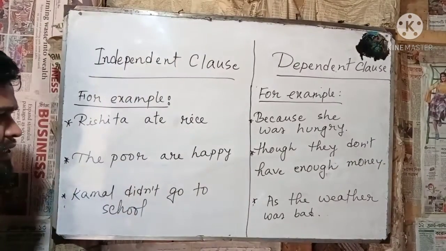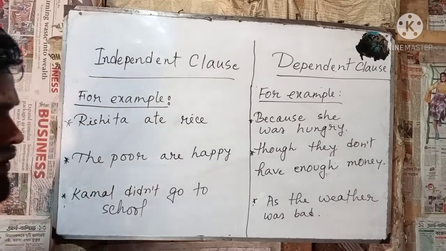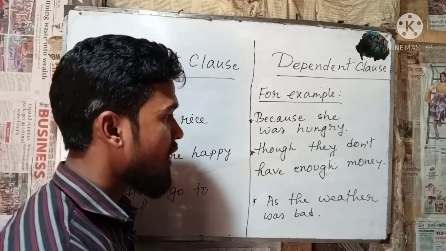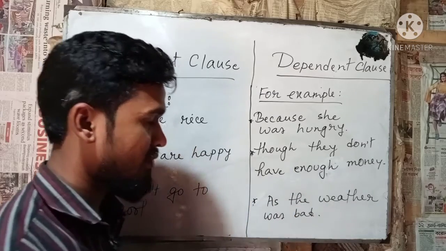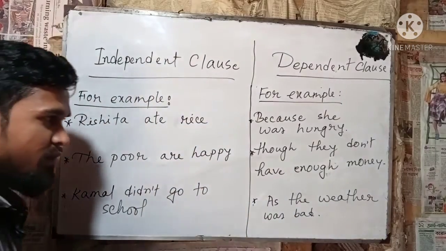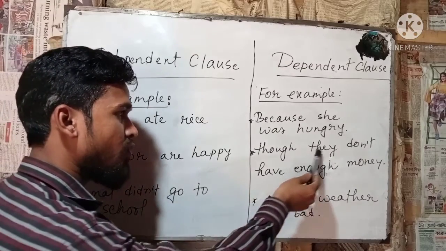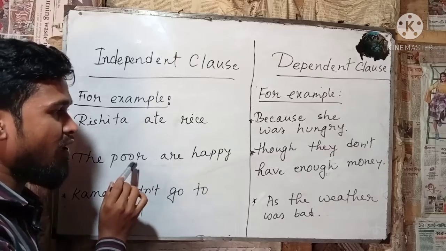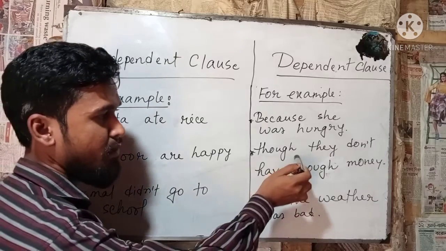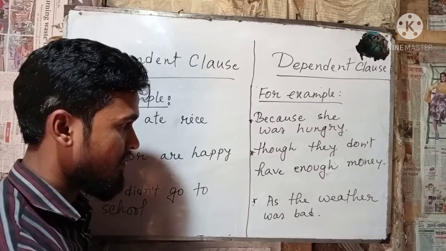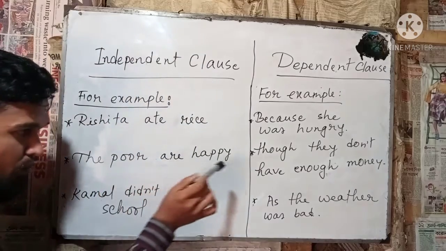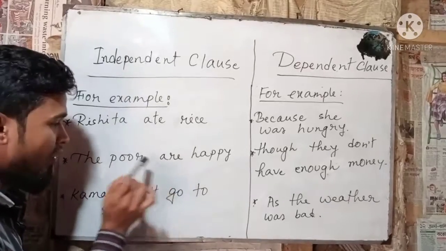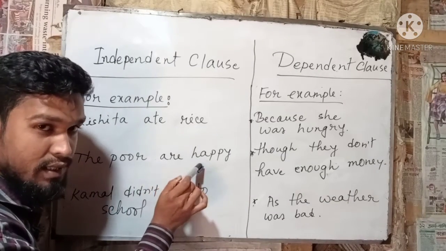The second example is the poor are happy, though they don't have enough money. Though they don't have enough money, without the help of the first part, doesn't convey a complete thought. But the poor are happy makes sense on its own, it is a complete sentence.